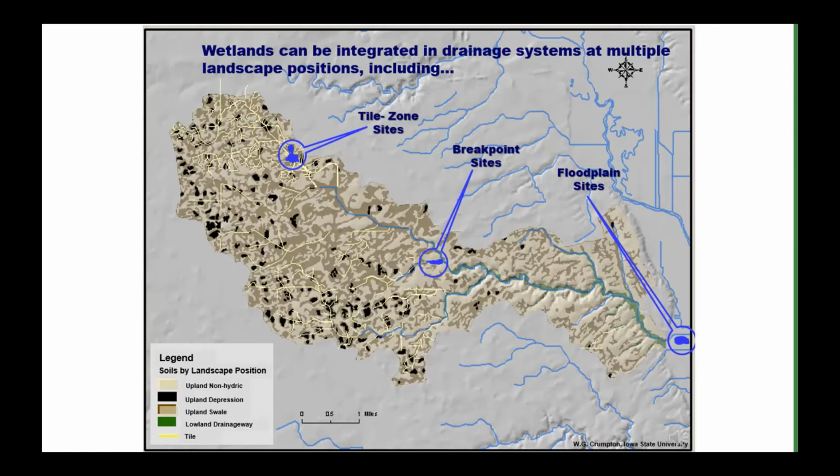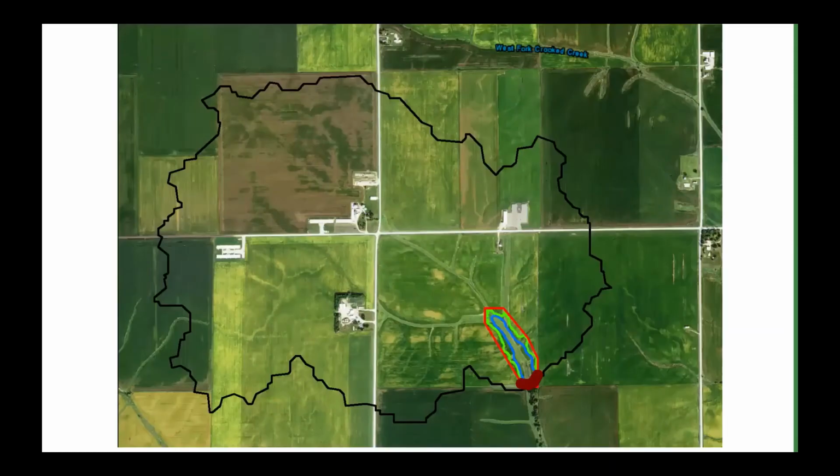And usually what we use is some sort of sheet pile weir structure to impound that water. And I think this map does a nice job to help you visualize what we're looking for on these style of wetlands. So the black line there, this is in West Fork Crooked Creek in southeast Iowa.